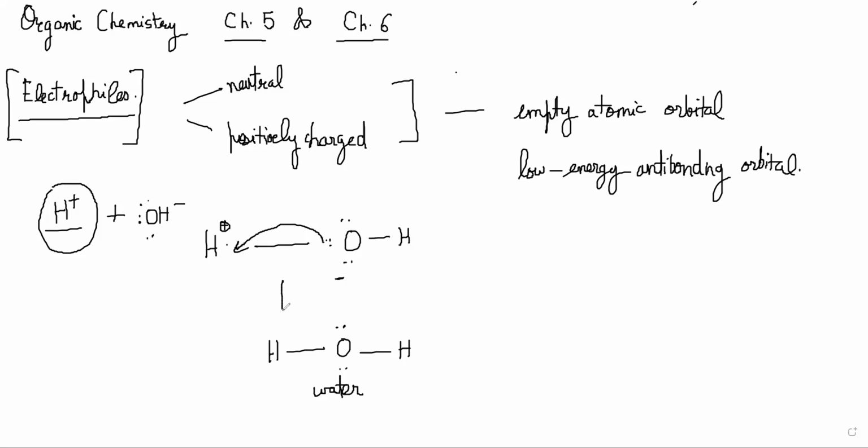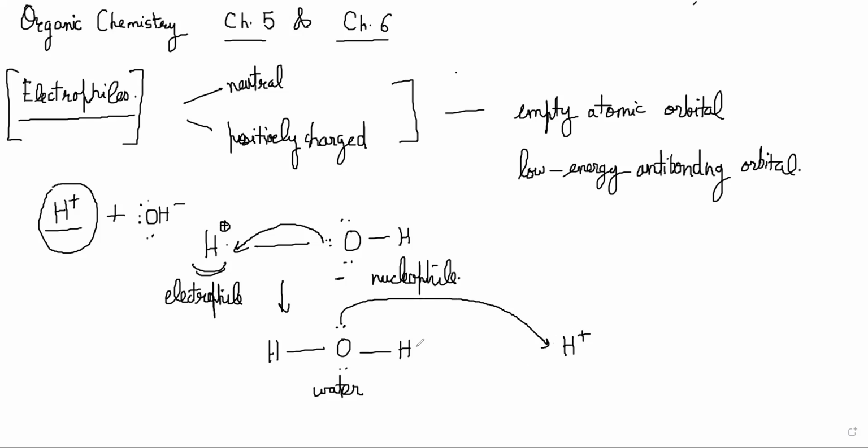So this H plus is acting like an electrophile, and the lone pair on OH minus is acting like a nucleophile. Similarly, the H plus will also react with water, because the oxygen in water still has lone pairs. If there is H plus available, it can react with this, and it will become H3O plus.